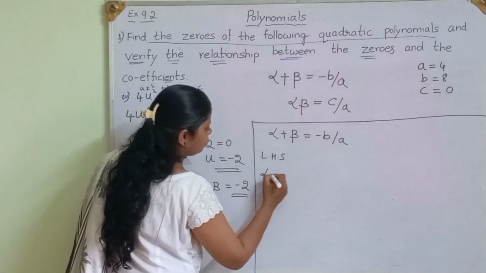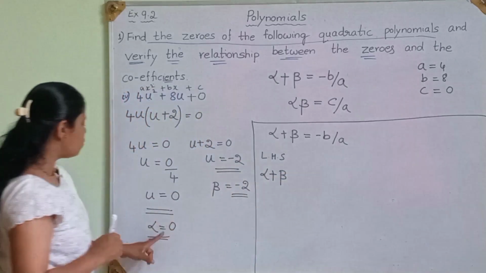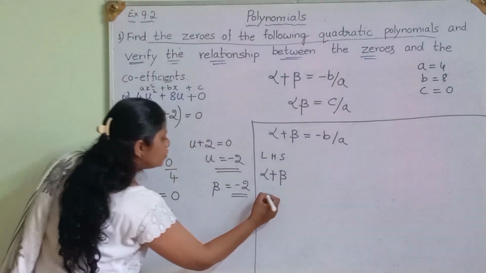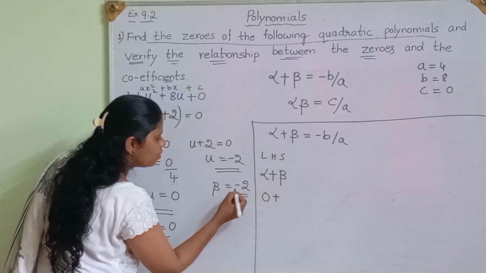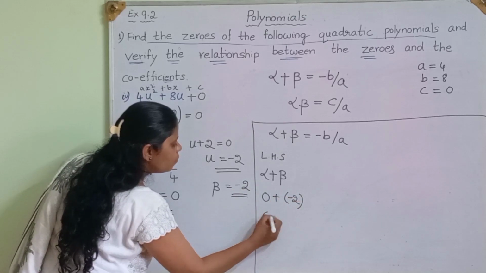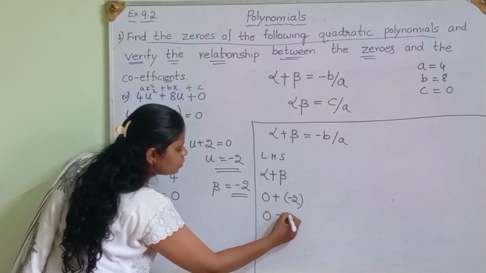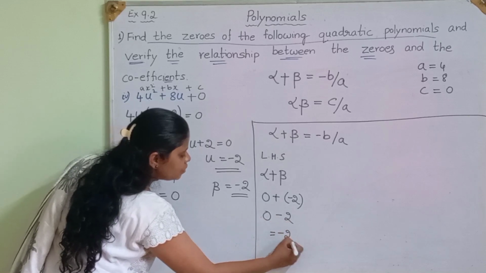Alpha + beta. The value of alpha is 0, plus the value of beta, which is -2. 0 plus into minus is minus, so 0 - 2 is -2.